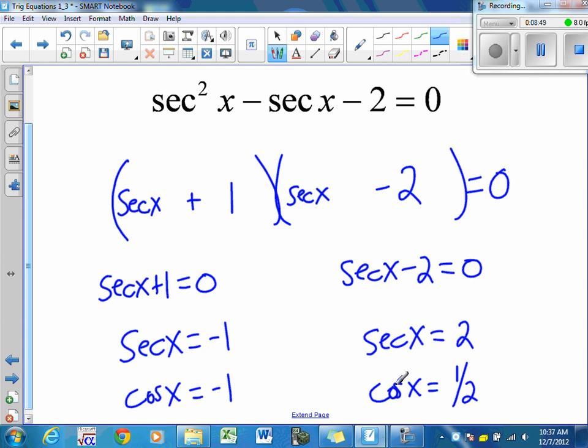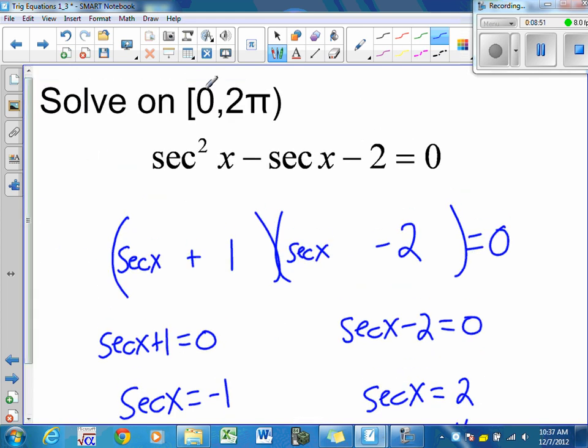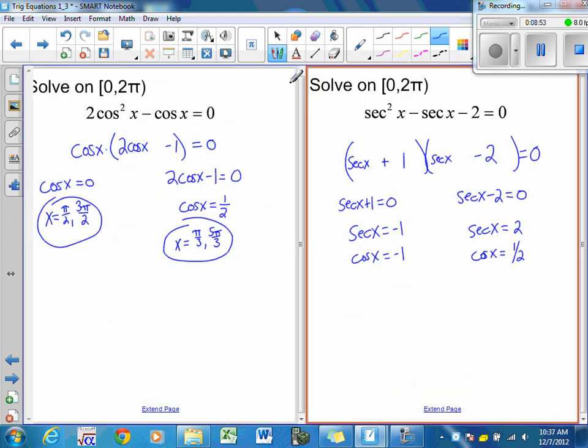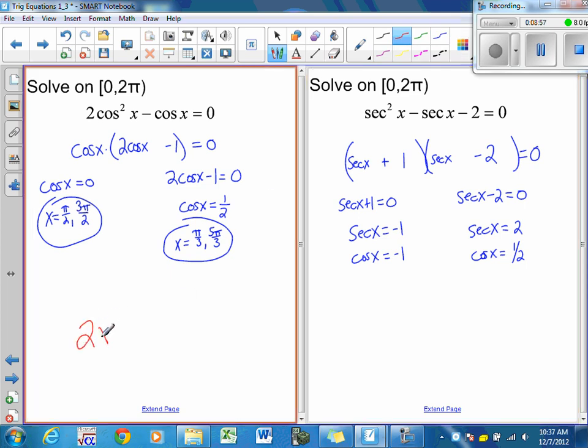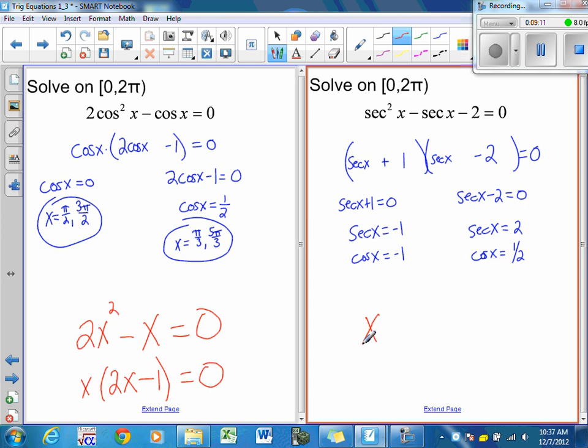And you do that. Now, on both of these, you may be able to help yourself by doing this. Think of this as 2x squared minus x is 0. You factor out the x, and you get x times 2x minus 1. This x is just our cosine. Here we have x squared minus x minus 2.